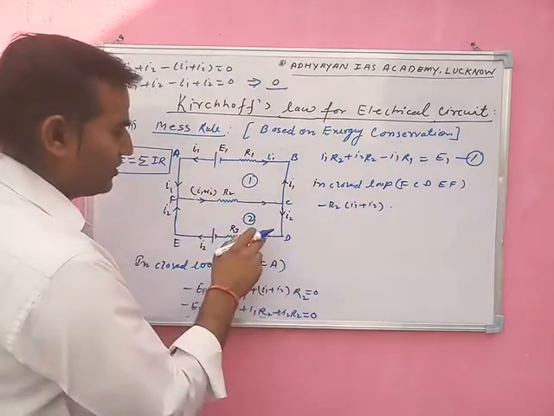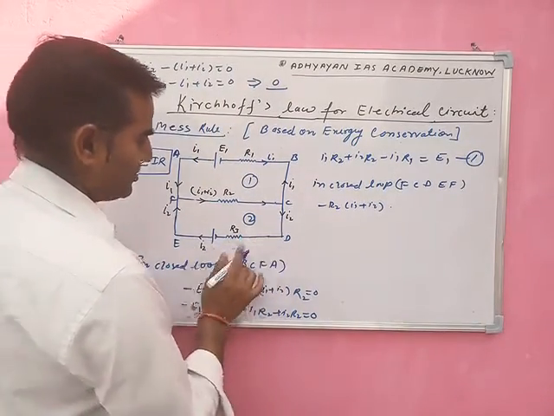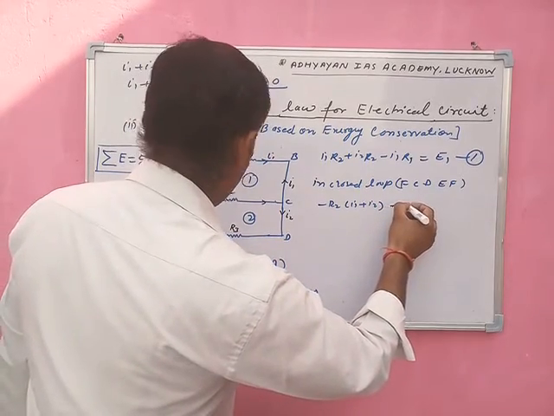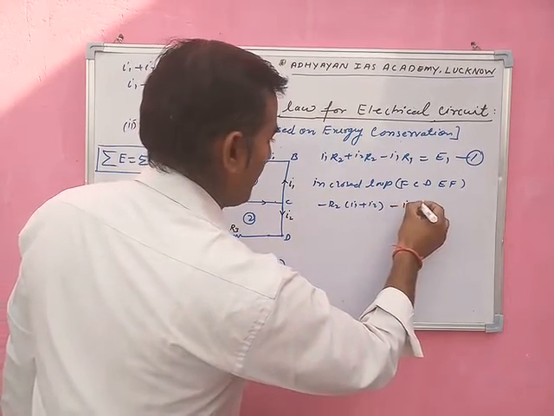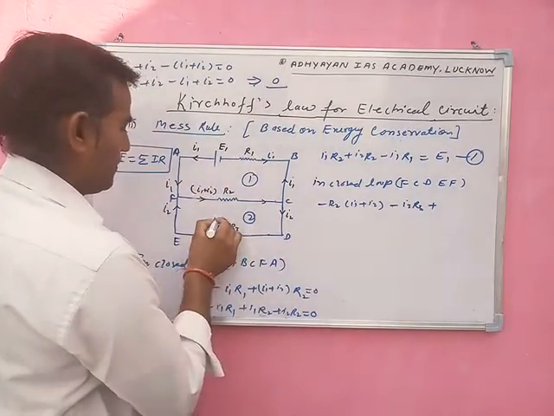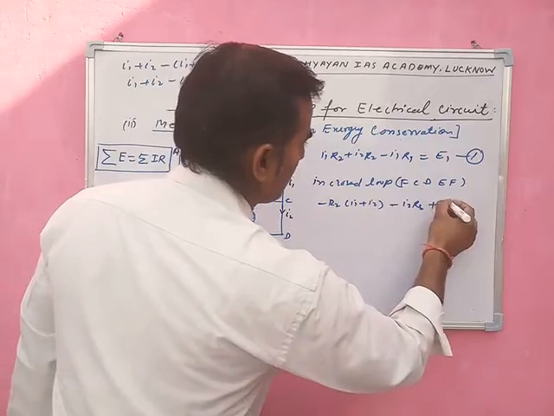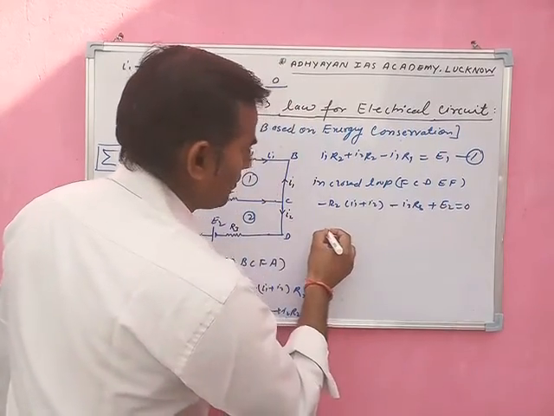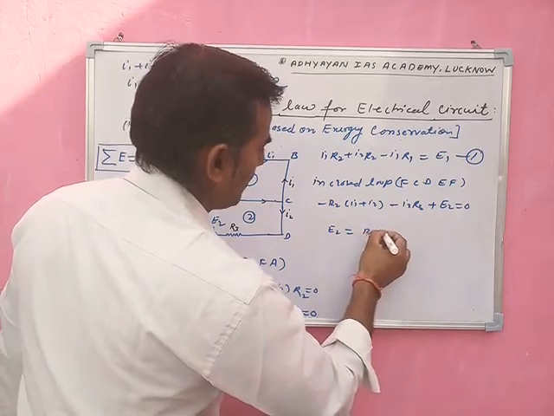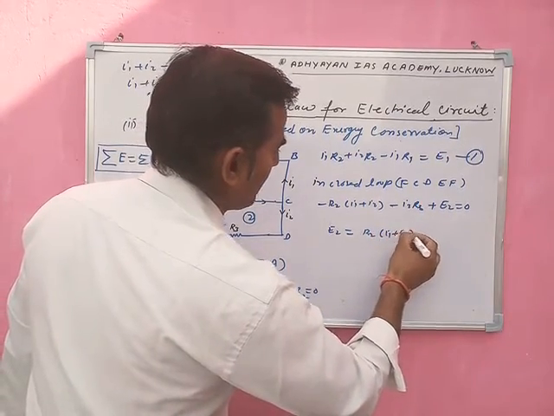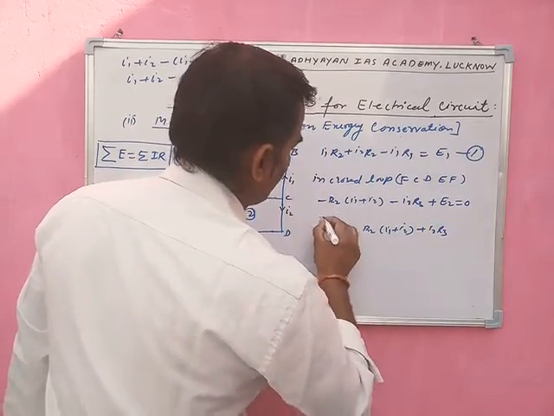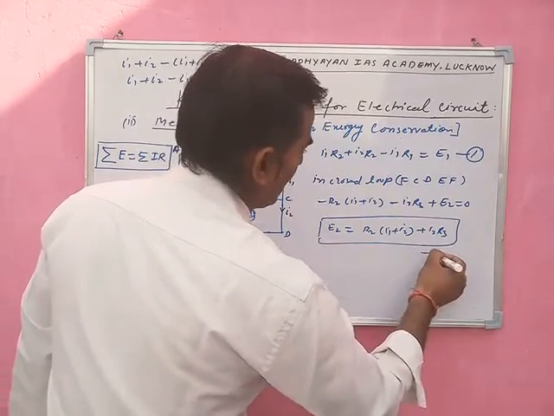Here there is no resistor, and coming on this branch, this is minus I2 R3 plus E2 is equal to 0. So E2 is equal to R2 (I1 plus I2) plus I2 R3. This is our second equation.